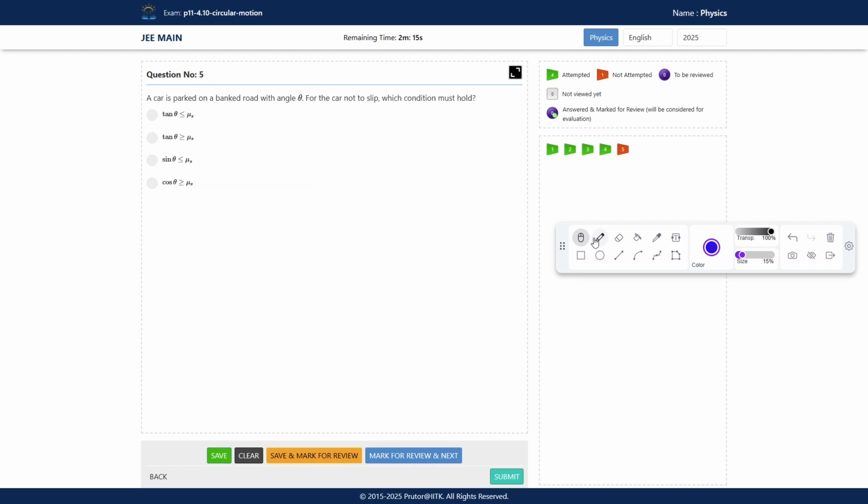Last question. A car is parked on a banked road with angle theta. For the car not to slip, which condition must hold? So here you have to find out the correct condition. Please solve.